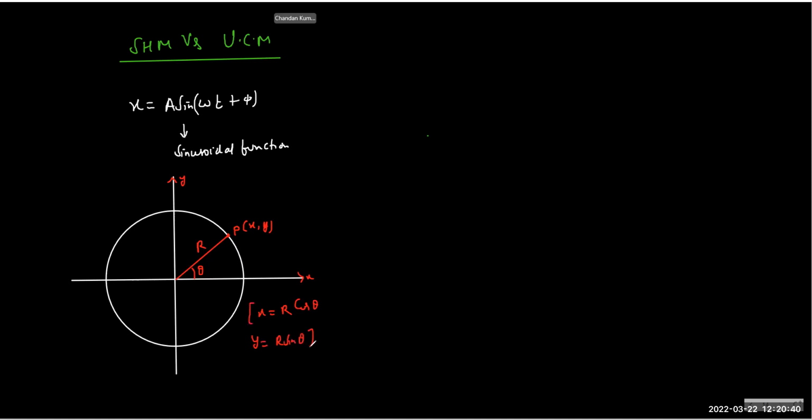So the whole idea of circular motion is that every sine function can be interpreted in terms of a circle.